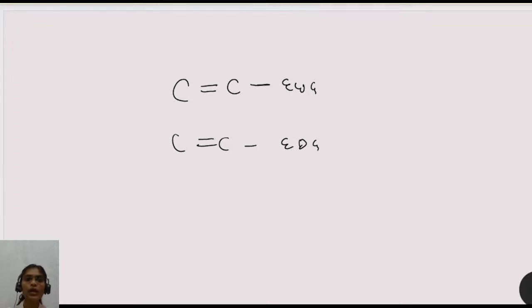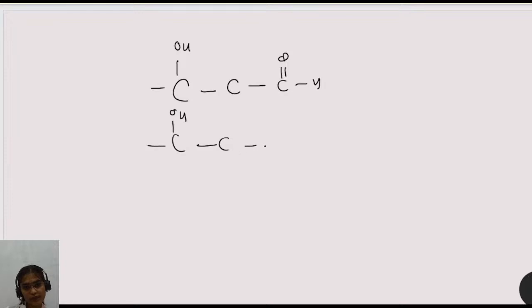Okay, so listen, if you're checking for stability, I hope it's not very clear yet. Let's suppose this is an OH and this is a COH, point number one. And this is an OH and this is a COCH3.